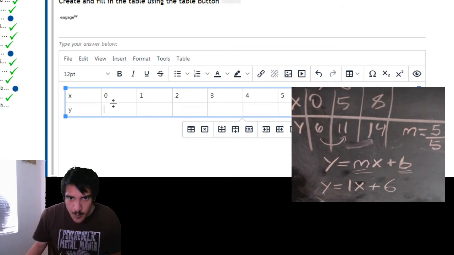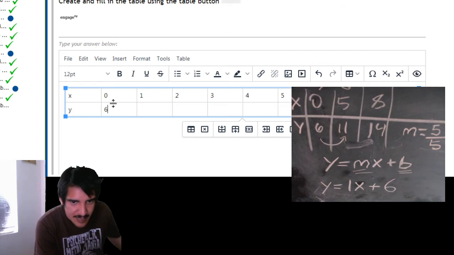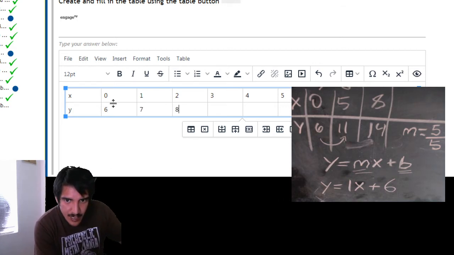And since the slope is 1, we know we're also counting by 1 on the y value. So 0, 6. So I'm going to put 6, 7, 8, 9, 10, 11, 12, 13, 14.